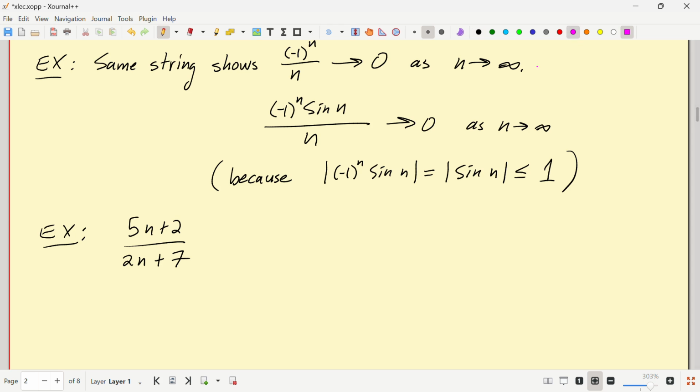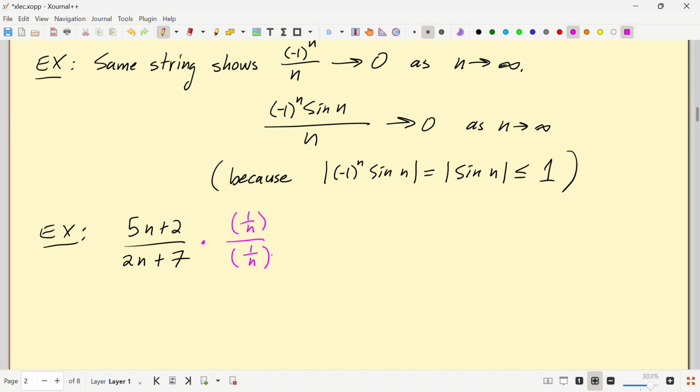Well, the trick you learned in freshman calculus is when n is big, I can multiply by 1 over n. The biggest power of n in each numerator and denominator is n to the 1. And if it was n cubed, I'd divide by 1 over n cubed. But it's n to the 1, so I'm going to divide top and bottom by n.